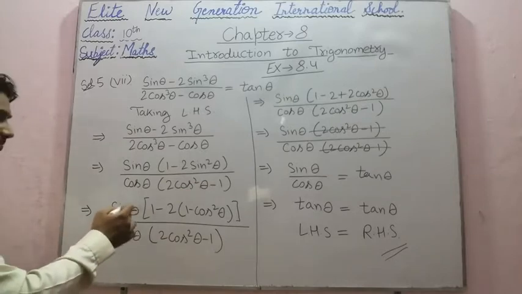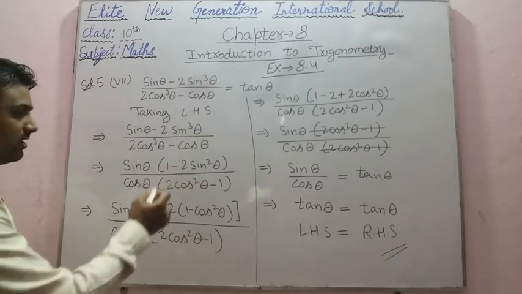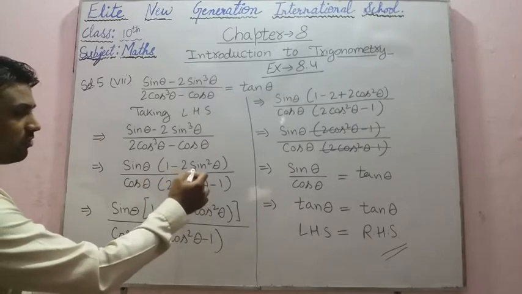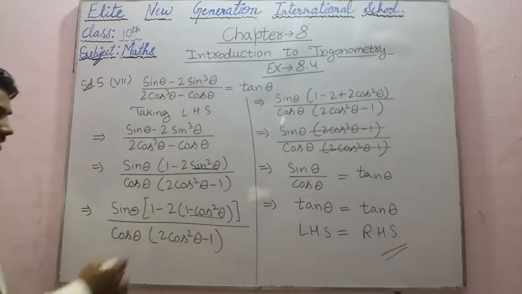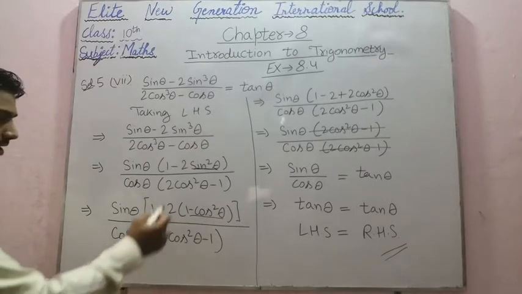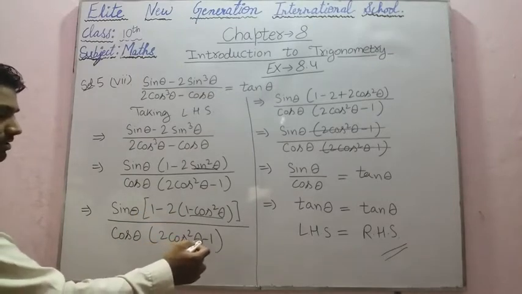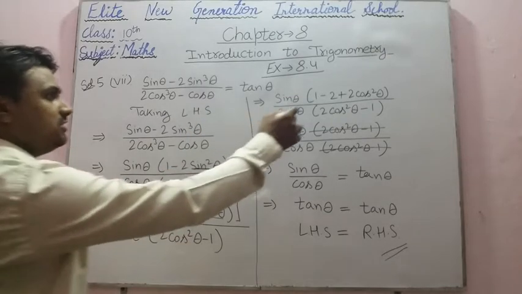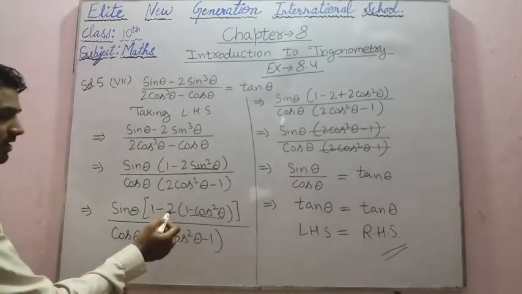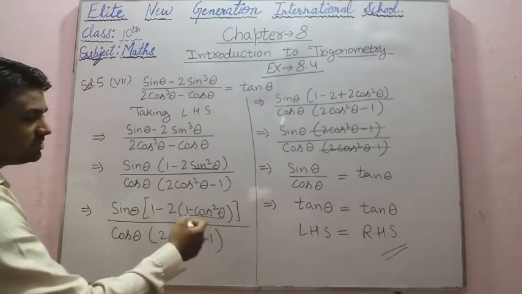Now after this it is sin theta, and here we can write 1 minus, in place of sin square theta we can write 1 minus cos square theta, upon cos theta in bracket (2 cos square theta minus 1). Now after this sin theta, then 1 minus 2 will multiply by this full bracket.